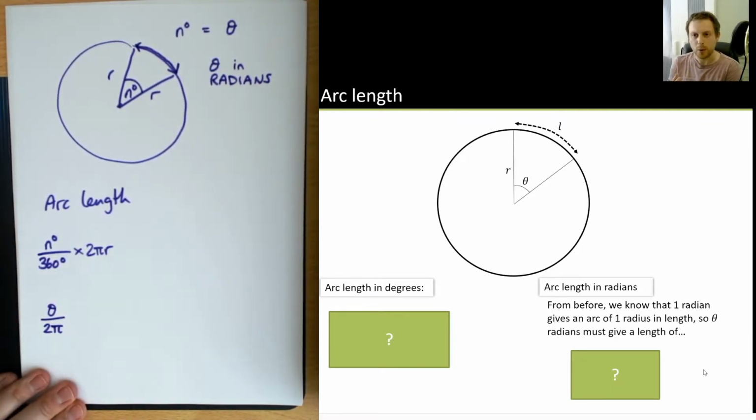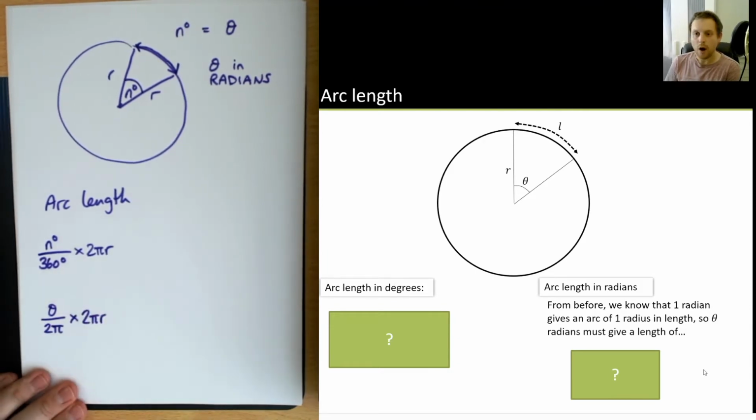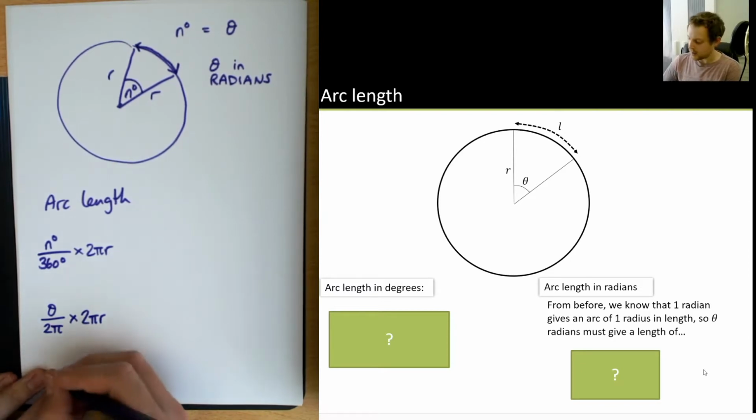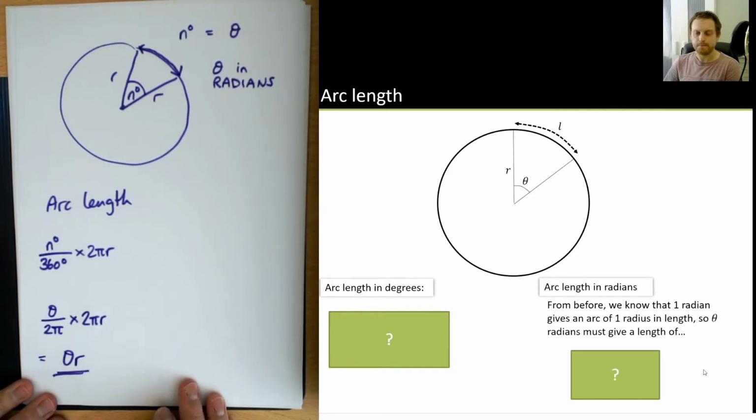So it's still a proportion, but this time it's not out of 360. It's out of 2 pi. And it's still that proportion of the circumference. So the 2 pi's cancel, and you get a much nicer formula. You get theta r for your arc length formula.